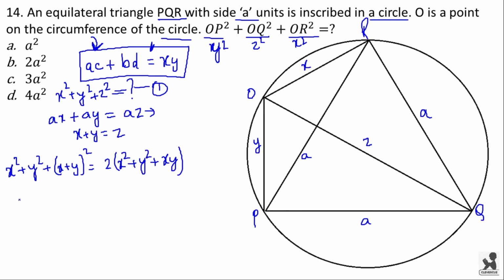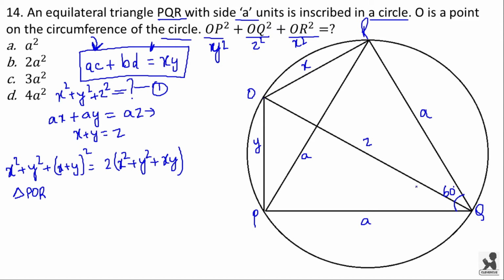Everybody knows the cosine rule. If you don't know the cosine rule, I will be teaching you this rule in trigonometry classes. Now consider the triangle POR. Since PQR is an equilateral triangle, the angle PQR will be 60 degrees.